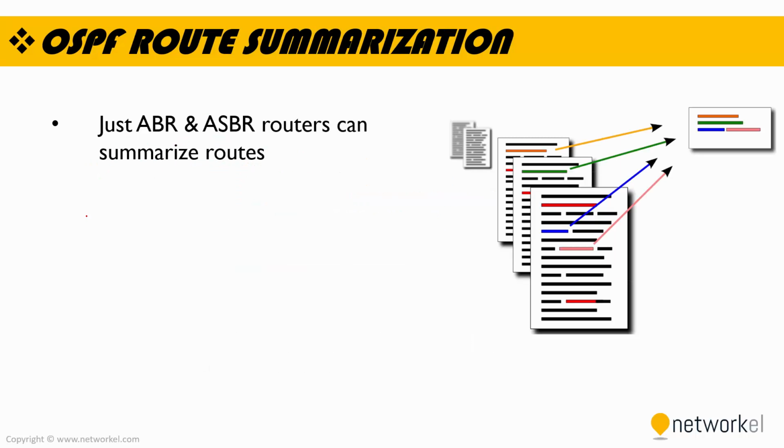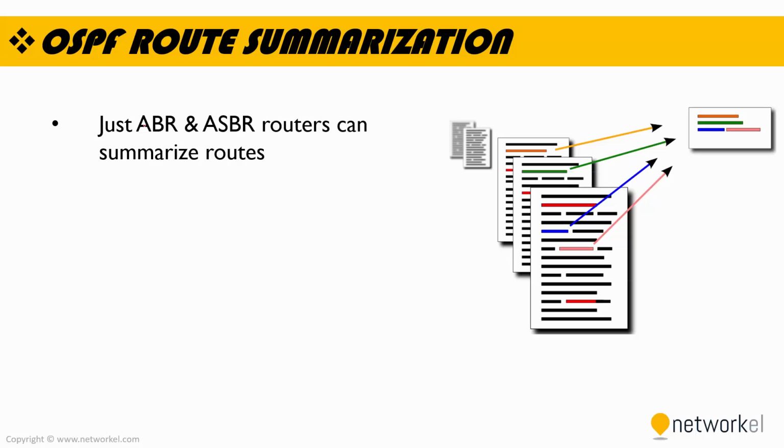So let's take a look at OSPF summarization now. You should be remembering this perhaps from our previous sections. The process of summarizing subnets into a larger subnet to be advertised to upstream routers, for ease of management, troubleshooting and resource conservation, is route summarization, as you know.